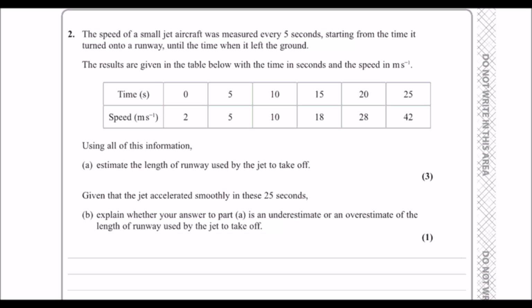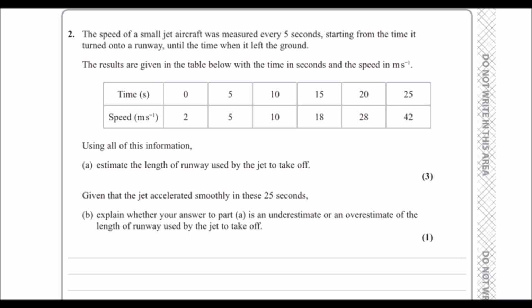So we've got a velocity time graph here, speed time graph. So the distance traveled is the area under the graph. And to find the area under the graph, we can use the trapezium rule.